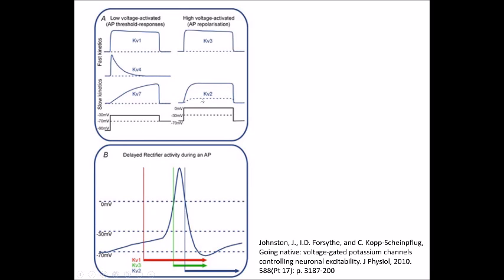Look at here. These don't open really until you depolarize it at a much higher level. So Kv3 takes like the peak of the action potential really before they will start to open up. So you have to depolarize the membrane to almost 0 millivolts. Whereas the Kv2 could be open at a lower voltage, but then as you go to a higher voltage, you'll get more conductance as well, and you get more potassium to go out of the cell.